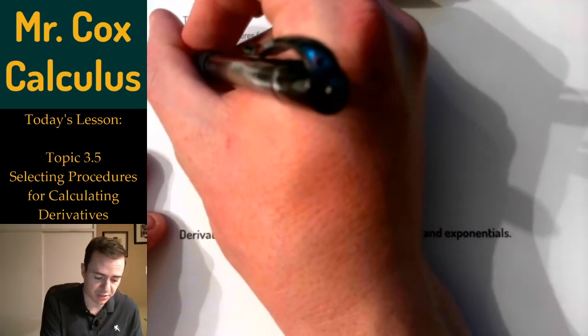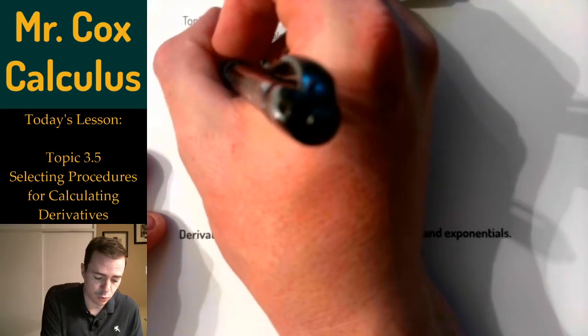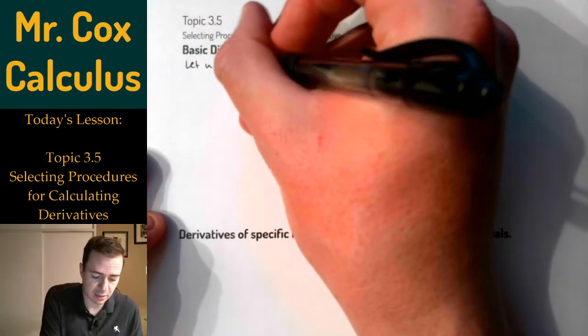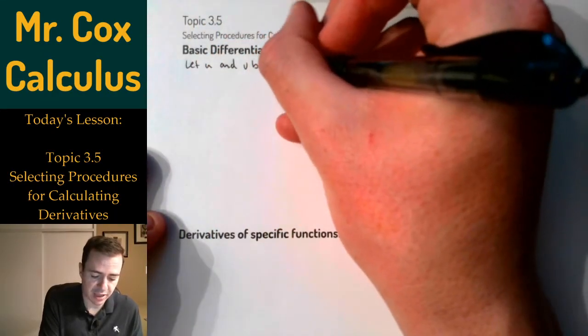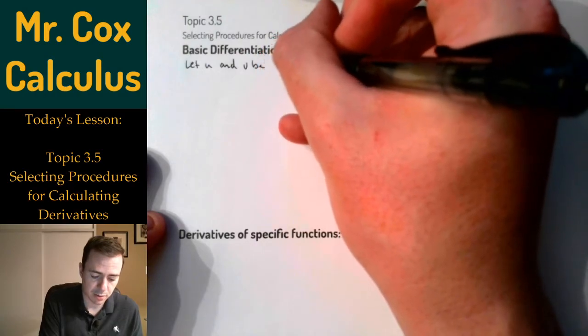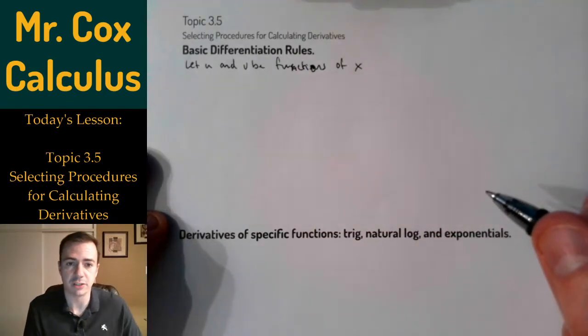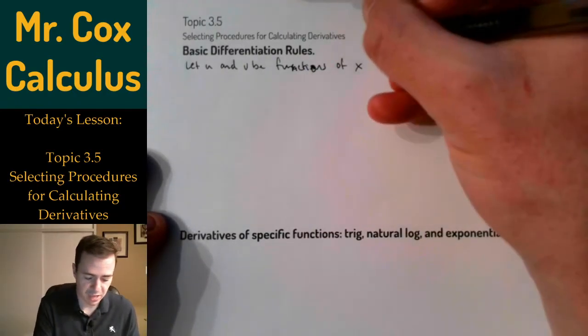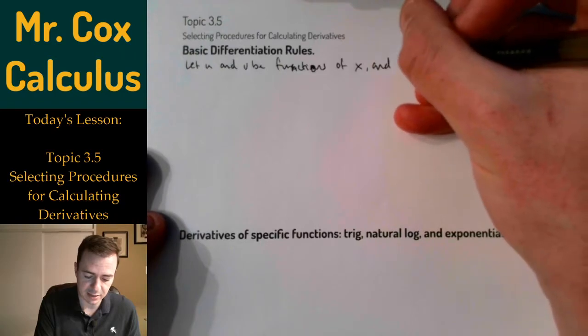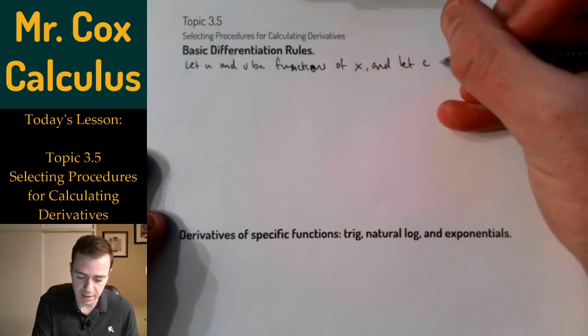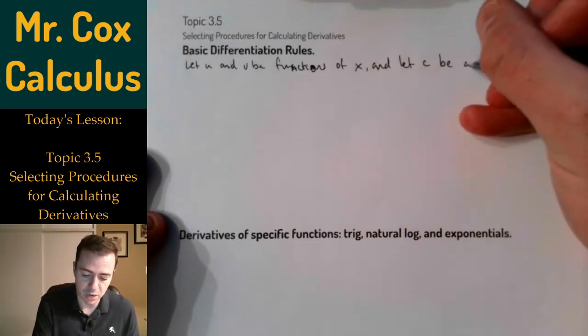And just to throw out the disclaimers here, we're going to let u and v be functions of x, and we're going to let c be a real number.